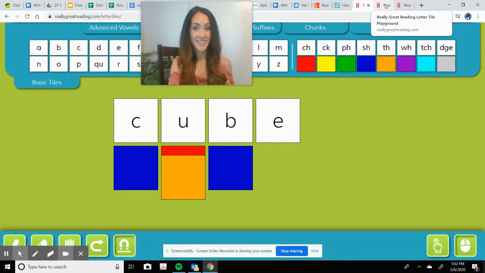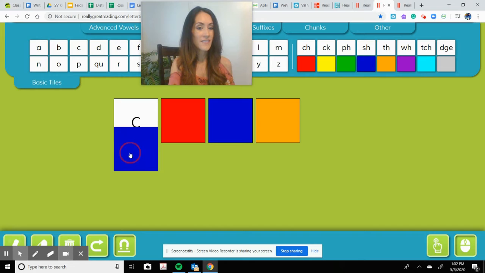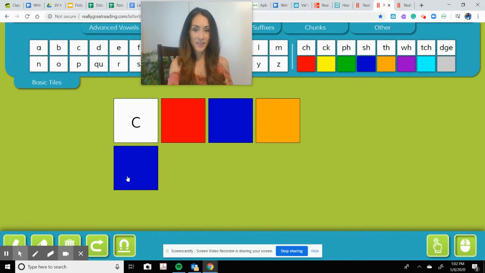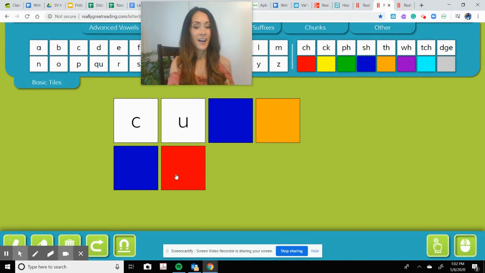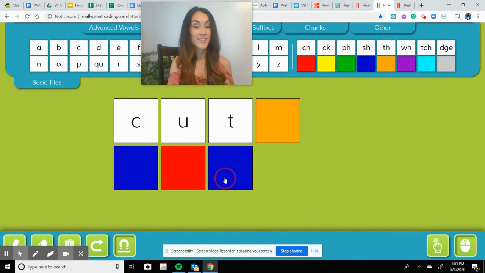Let's try another one. We have our consonant, vowel, consonant, and sneaky E. Let's see what we have. We have another C, which is going to have the K sound here again. This consonant is a different sound this time.